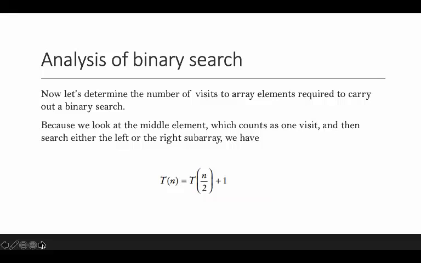Coming to the analysis of binary search, let's determine the number of visits to array elements required to carry out a binary search. We always look at the middle element, which counts as one visit. Then we search either the left or right subarray, and so on. So the time complexity of n elements is equal to the time complexity for only one partition, that is n by 2, plus 1, that is the middle element.